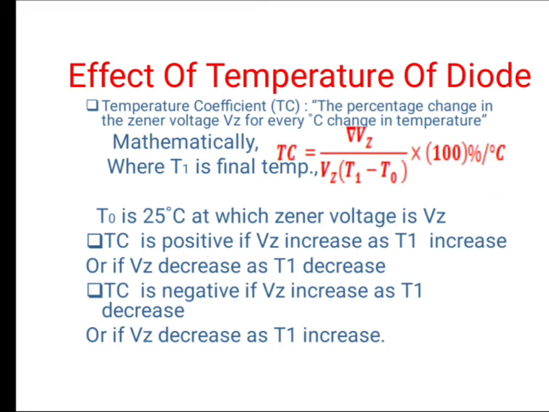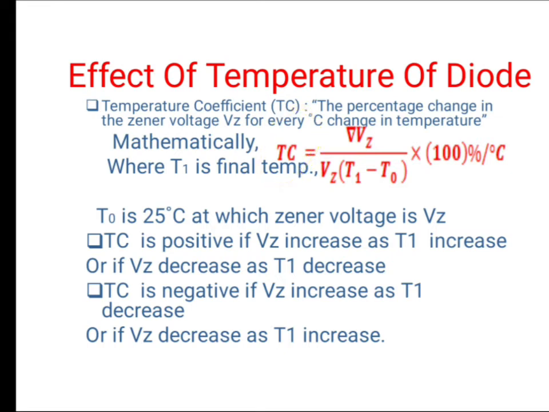Next, if TC is positive, VZ increases. The temperature coefficient is positive if VZ increases as T1 increases. As temperature increases, Zener voltage will increase for a positive temperature coefficient. So both are increasing, then we have a positive temperature coefficient.